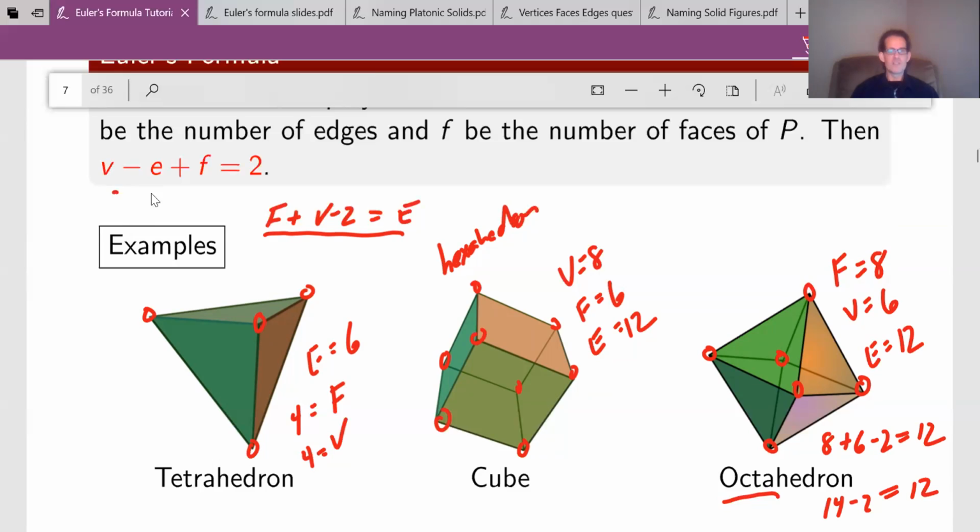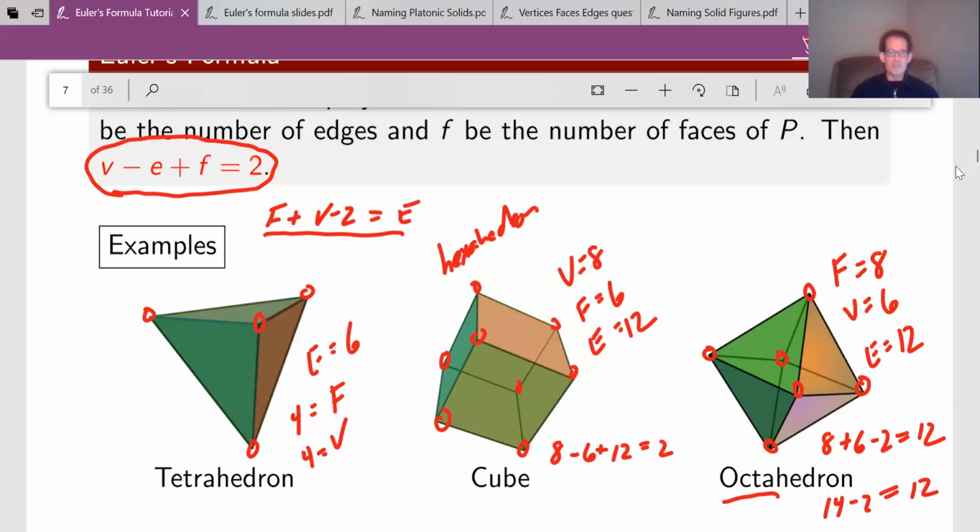Now, if I rewrote the formula this way, this is what it would look like. I would have vertices minus edges plus faces, so 6 minus 12 plus 8 equals 2. And you can see how that works out.